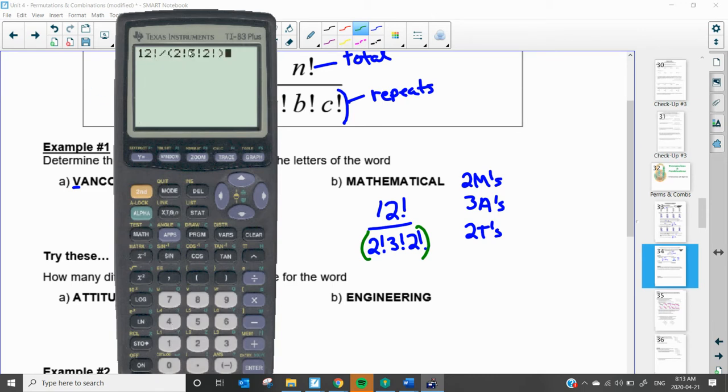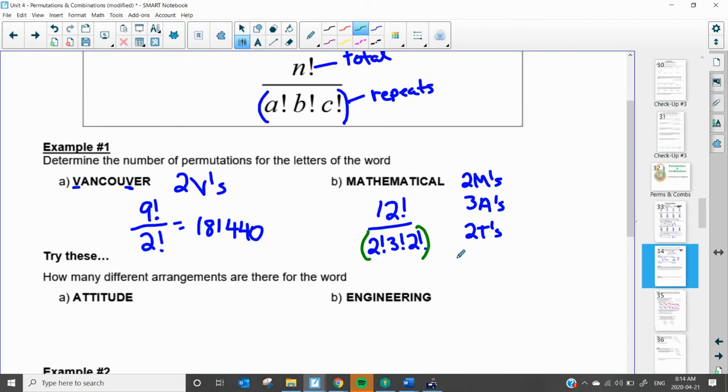And so we've got 12 factorial divided by our repeats. And that gives us 19,958,400.